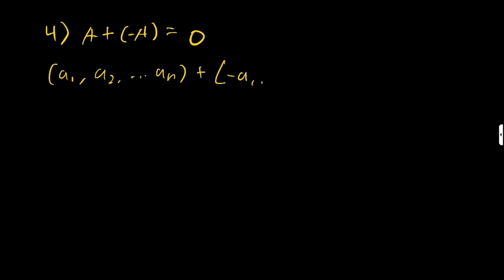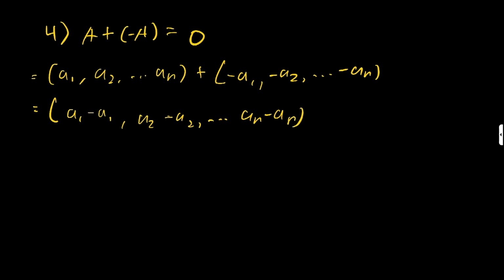So negative a1, negative a2, negative a sub n. And simply put here, this is just equal to a sub 1 minus a sub 1, a sub 2 minus a sub 2, a sub n minus a sub n, and of course this is all equal to 0, and so we just arrive at the original good old origin.